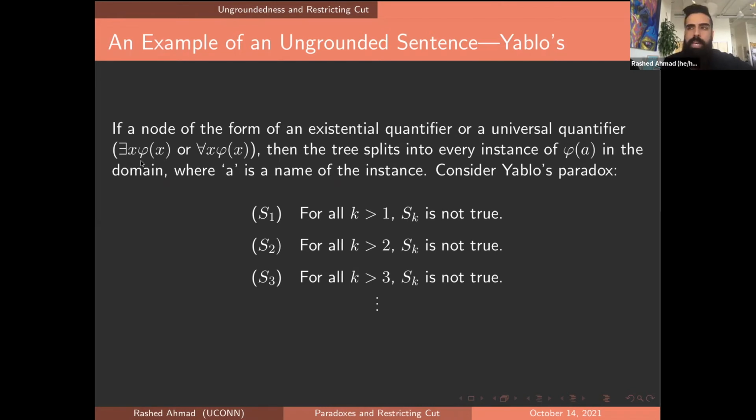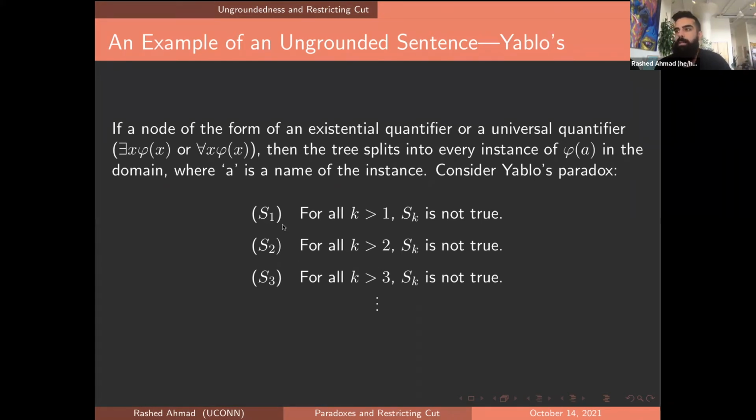So for example, if you have, there is an x, phi x, and for all x, phi x, then the tree splits of every instance of phi a in the domain where a is a name of the instance. So for example, in Yablo's paradox, we have each sentence say every sentence below me is not true.